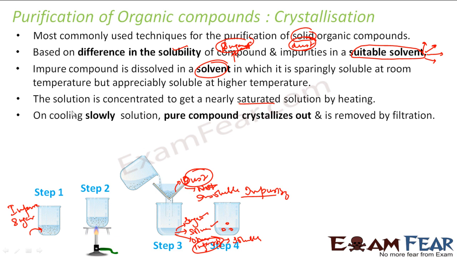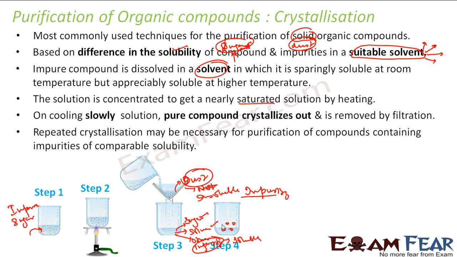Now you allow it to cool, and then you will see the crystals coming out. And whatever crystals you get, you can again remove by filtration, correct? Because the crystals are big solids, and the rest is liquid. You can easily do filtration and get the crystals out. And you can do repeated crystallization if you want to make a more and more pure compound.